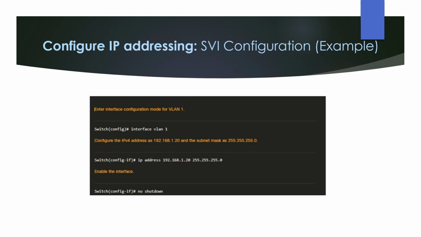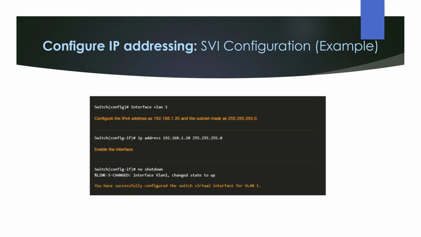And by using the command no shutdown, you will enable the switch interface. That was all about the second part of the basic configuration on Cisco devices.